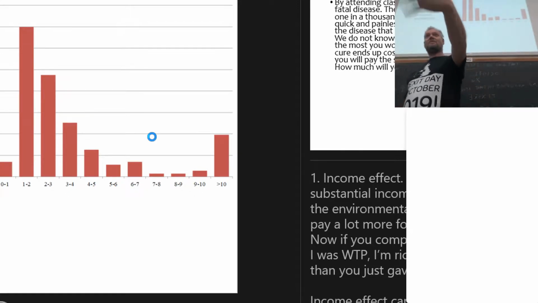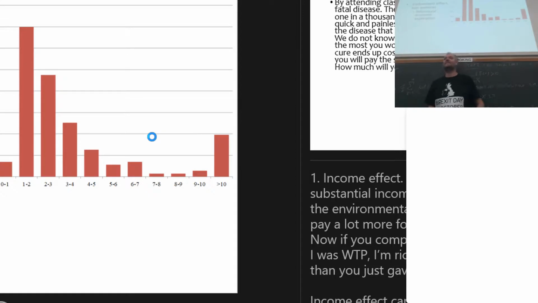They asked people to value something, buying it, and then they took it away from them and they asked, how much money do we need to give you in return? And then they took the ratio of the willingness to pay and the willingness to accept compensation, and the theory predicts they should be roughly equal to 1.